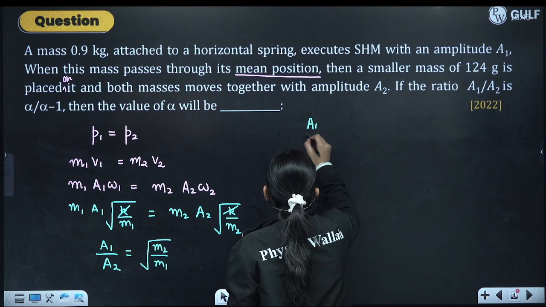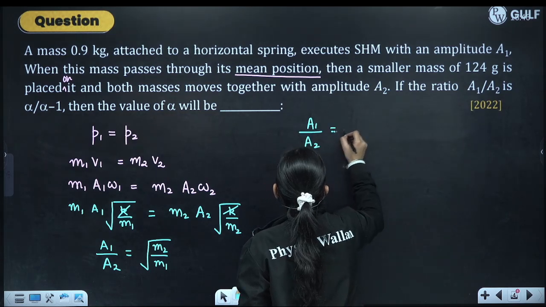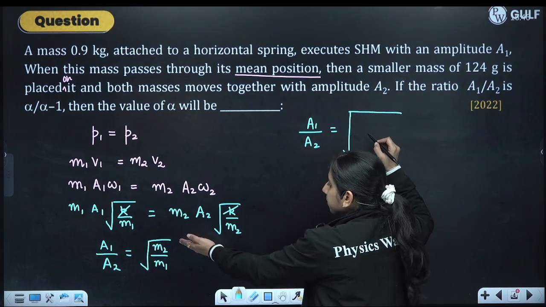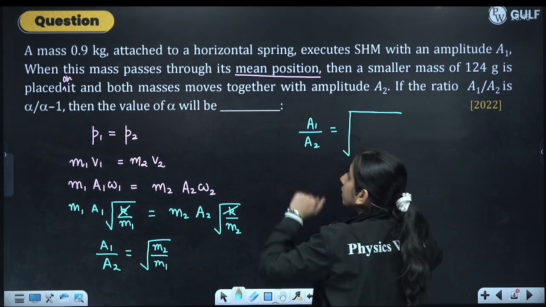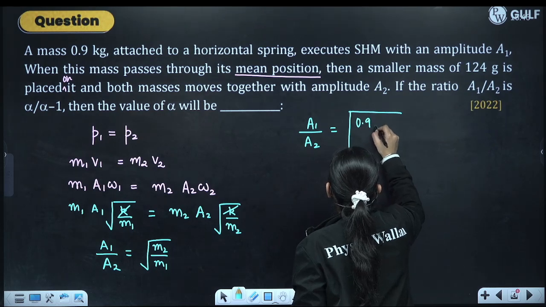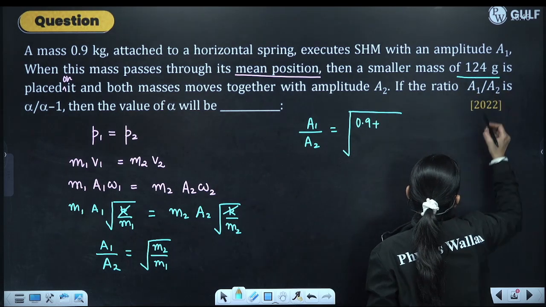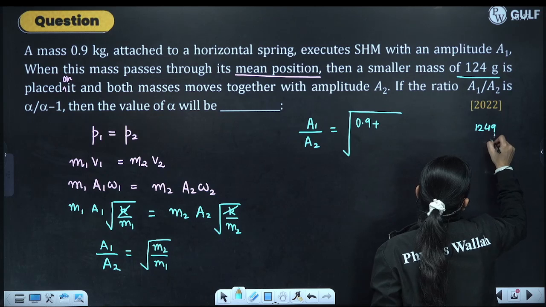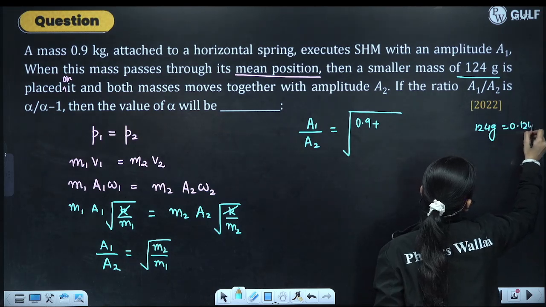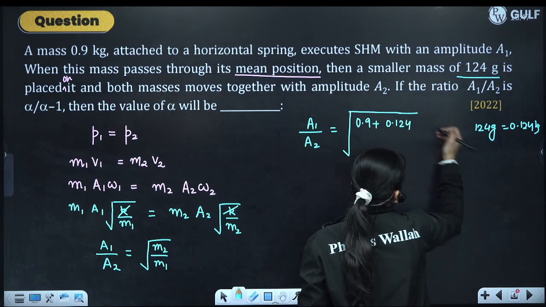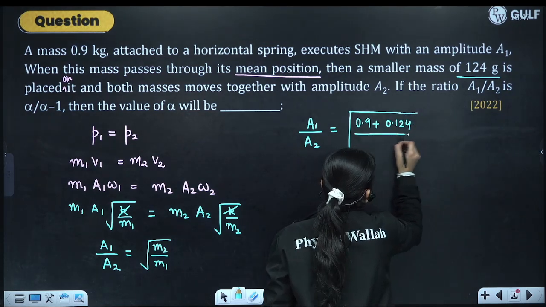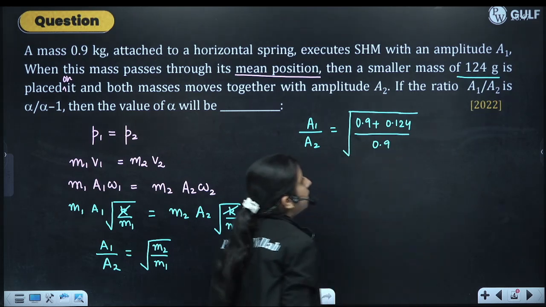Substituting the values, a1 by a2 is equal to under root of m2 by m1. What is the final mass? 0.9 plus 124 gram is equal to 1.024 kg. So 1.024 kilogram divided by 0.9 kg.